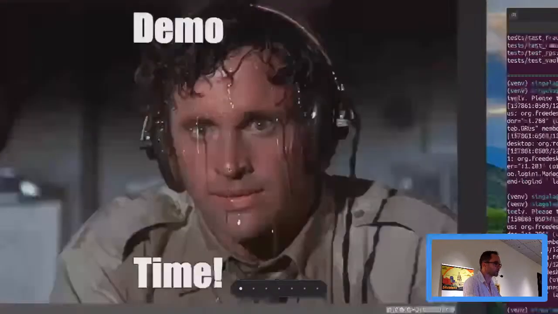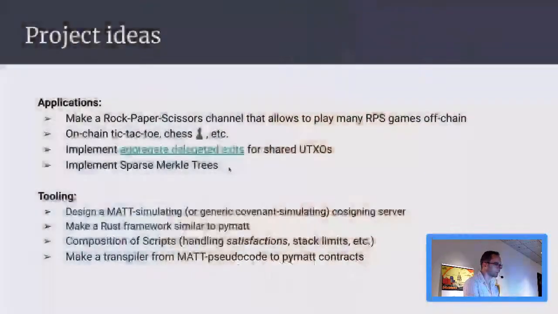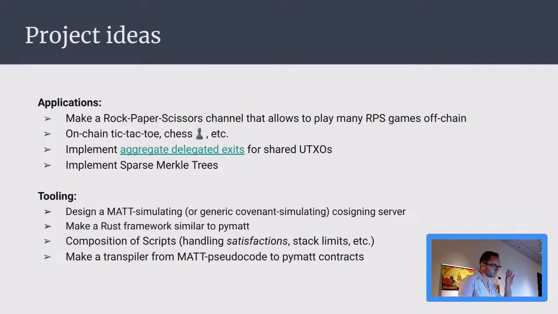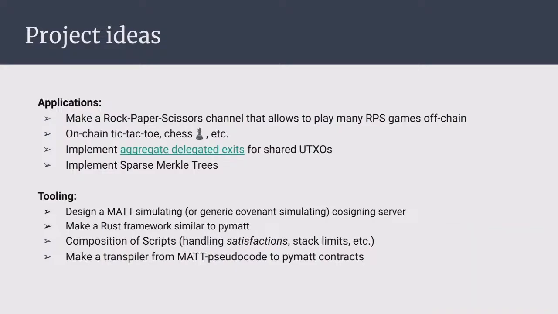There are so many things that can be done with smart contracts, and if anybody wants to play with these things during the hackathon, I have a slide with a bunch of other ideas that are not yet implemented. Some of these might be too complex for a hackathon. Some are easier. Let me know if anybody is interested. I'll be available.